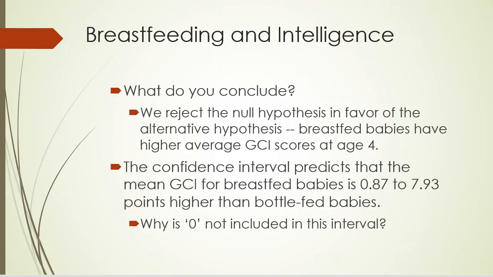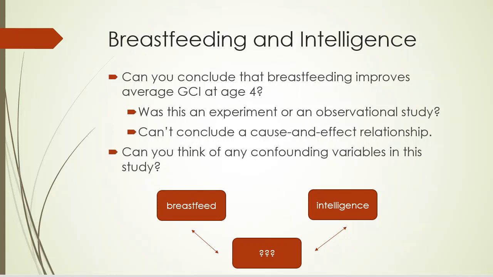And then let me just finish with one comment. This was an observational study. They did not flip a coin and determine whether the babies were breastfed or bottle fed, which means we shouldn't be concluding cause and effect here. And there's any number of confounding variables that could be connecting whether the babies are breastfed or bottle fed and their intelligence.